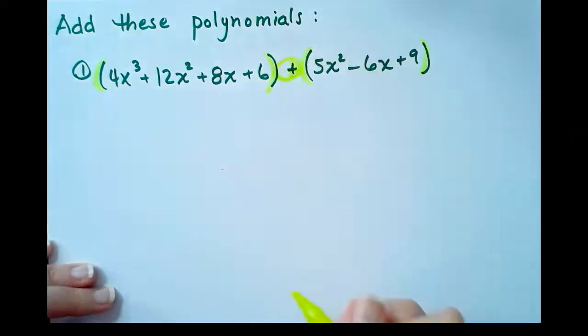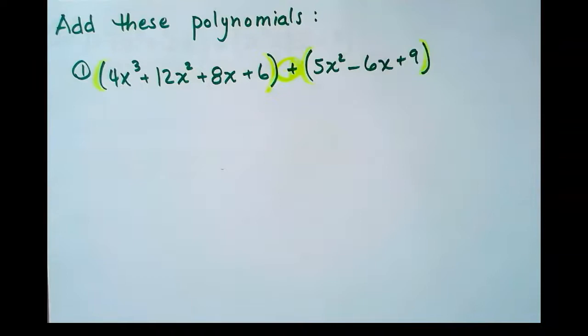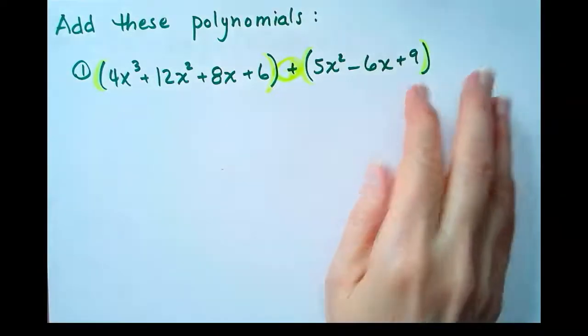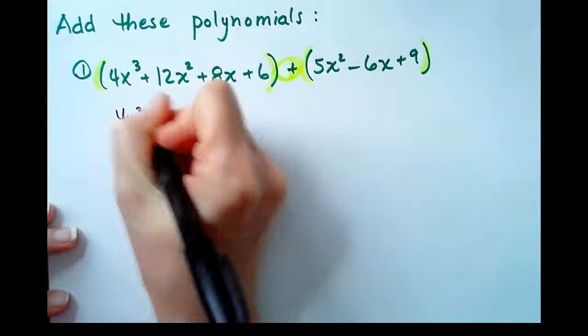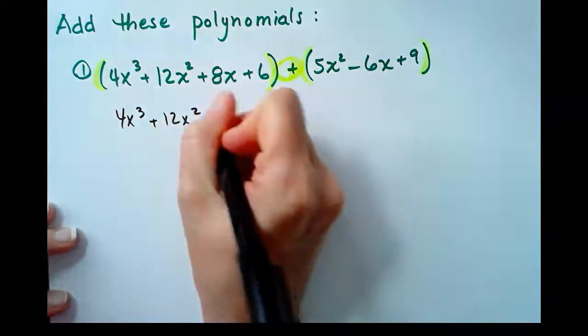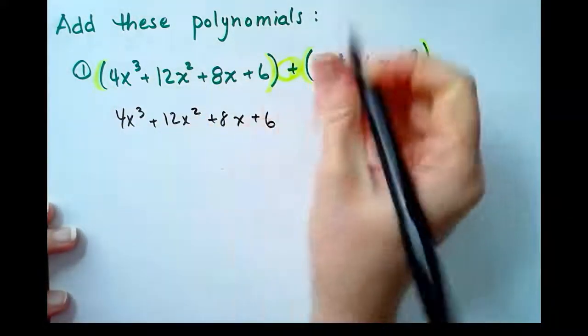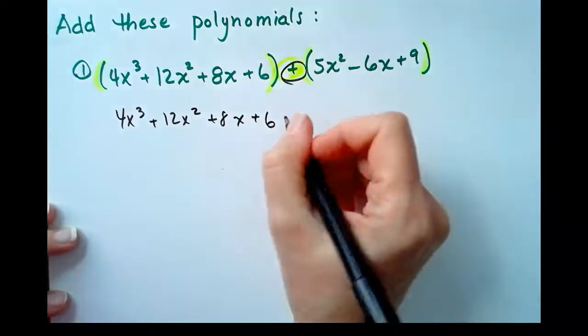If all we have there is a plus, do we really need the parentheses? No, we do not, because this is just straight addition all the way across. So if you want, you can even just get rid of those parentheses. It just doesn't matter as long as it's a plus sign in between them.